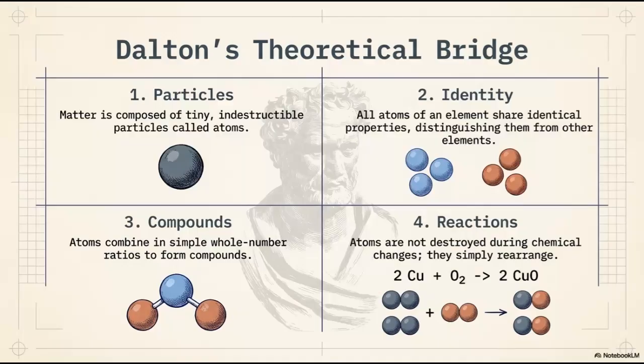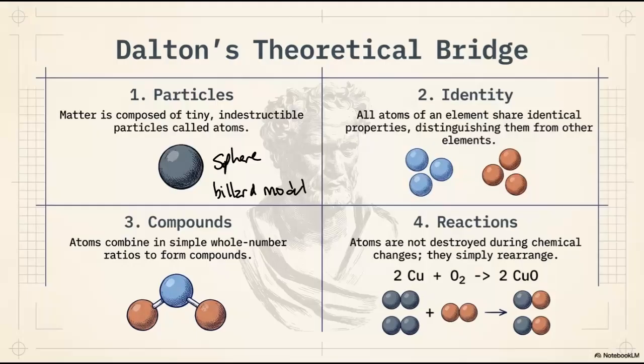And that's what he did. And he said, matter is made of these tiny indestructible particles called atoms. He said they look like a sphere. And we said that his model is like the billiard ball model, because it's just like a small hard sphere ball.